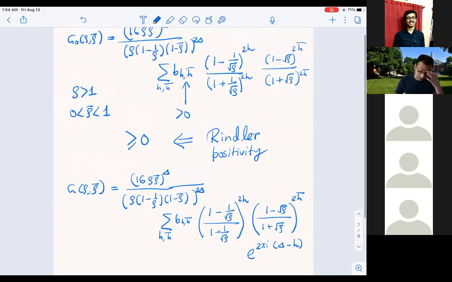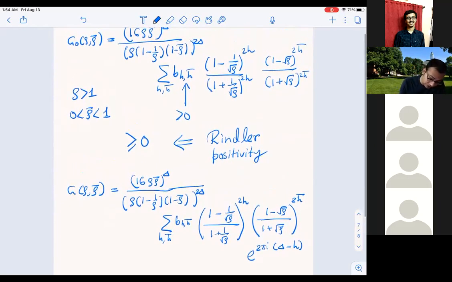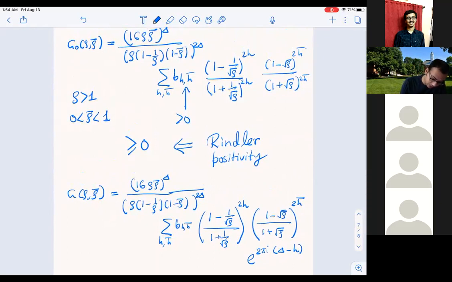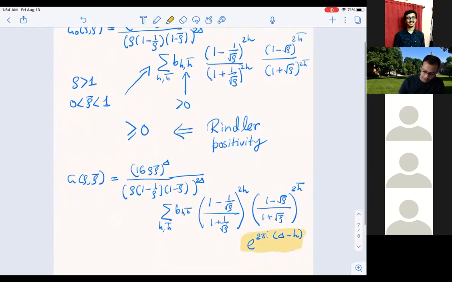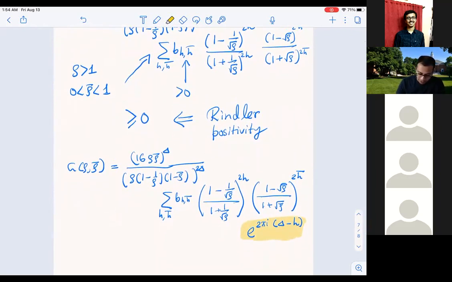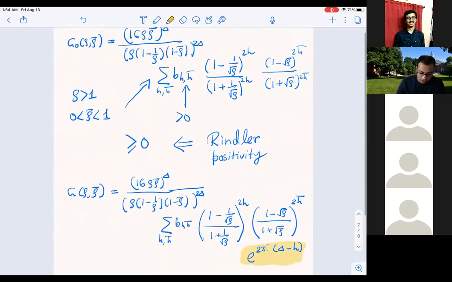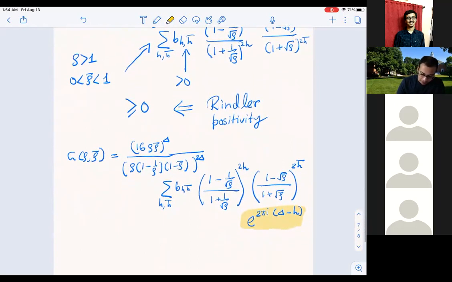So the expansion is almost the same as the previous expansion, this one. The only difference is this term. So that means G0 is a positive expansion, whereas in the Regge correlator, each term is shifted by a phase factor.